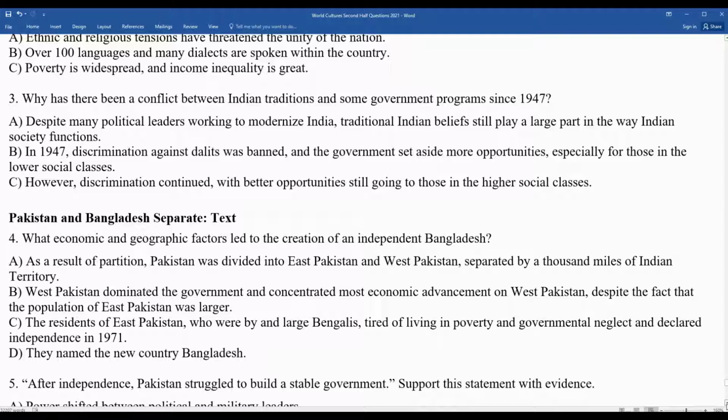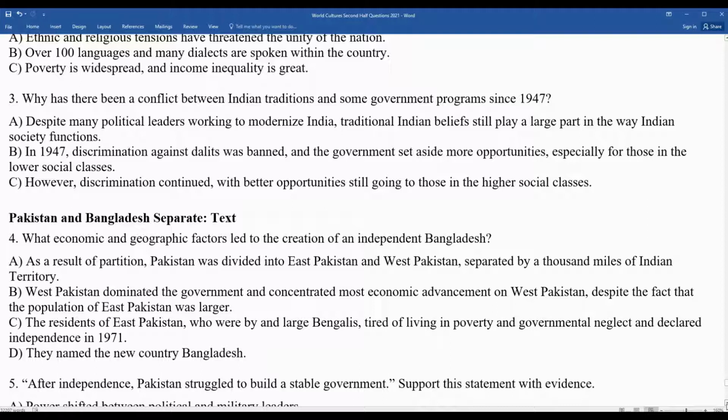The West Pakistanis dominated the government and concentrated most of the economic advancement on West Pakistan, despite the fact that the population of East Pakistan at the time was larger. The residents of East Pakistan, who were largely Bengalis, were tired of living in poverty, not receiving any government assistance or aid, and the government neglect. And they declared their own independence in 1971, which is a great year in history. They named the new country Bangladesh after the Bengalis who lived in this region.